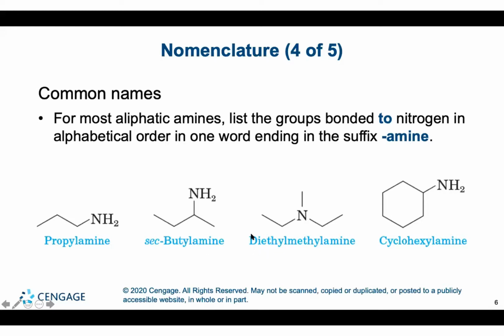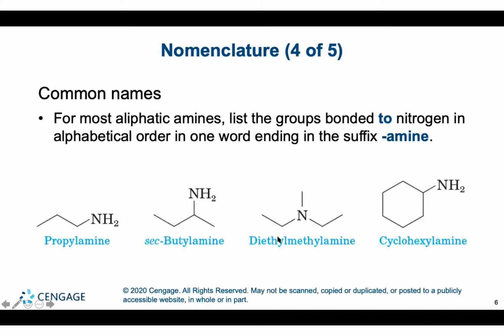Here, make sure we go based on the alphabetical order. If you have more than one branch, it's going to be diethyl. We go based on the E, we don't go based on D, because D is part of just 2.